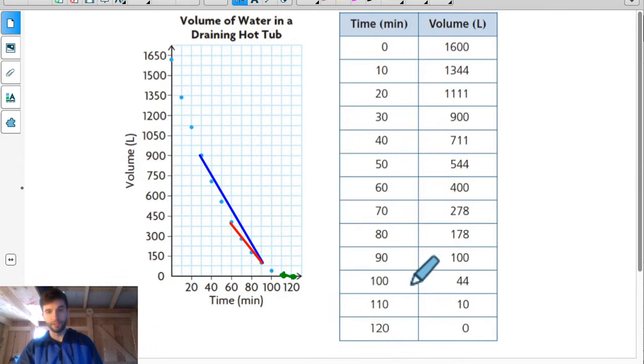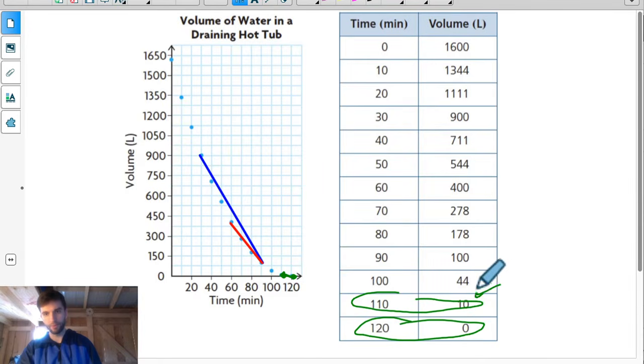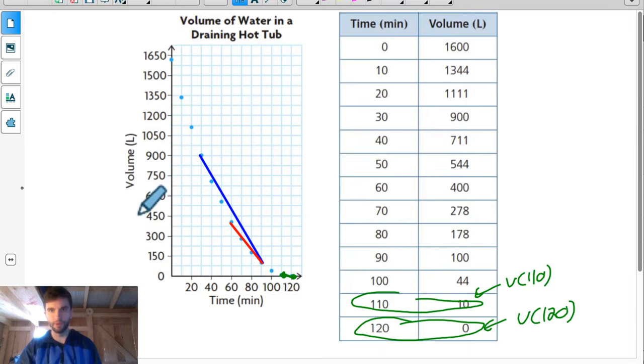So between 110 and 120, I'm doing these 2 points. This y value is the volume at 110 minutes, and this y value is the volume at 120 minutes. So when I find the rate of change, the change in volume over change in time, I'll do V at 120 minus V at 110 over 120 minus 110.